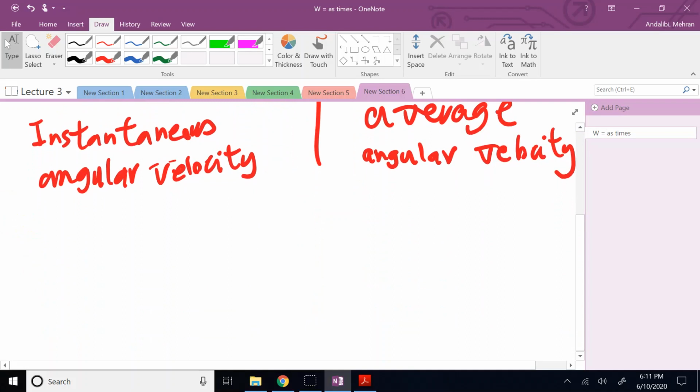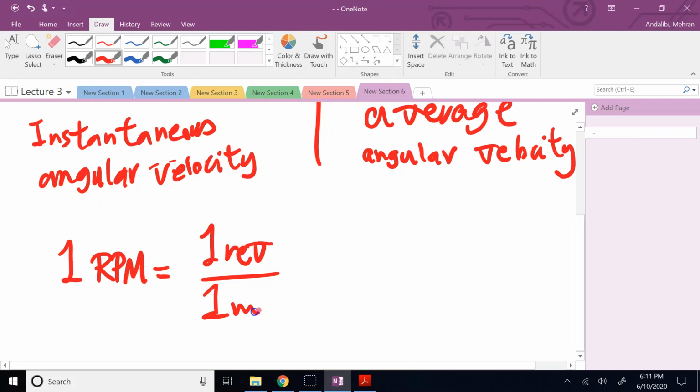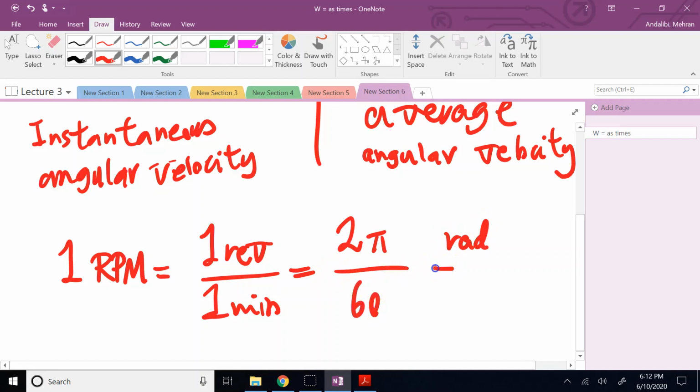And as I said, one unit for that is 1 RPM, which is 1 revolution per 1 minute. But 1 revolution is 2 pi radians, 360 degrees, and 1 minute is 60 seconds.